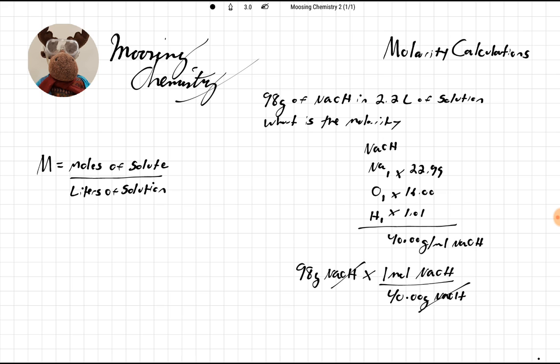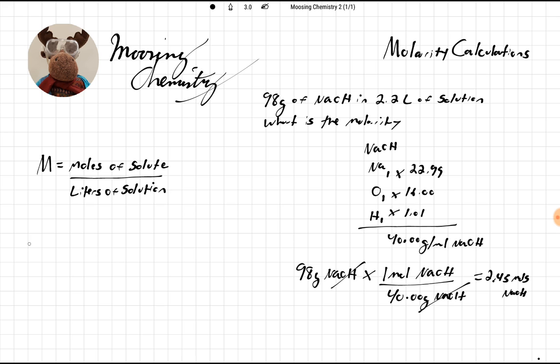So that cancels out. That's looking pretty good. And that's going to give us 2.45 moles of NaOH.